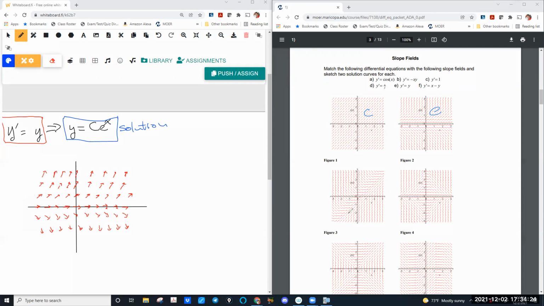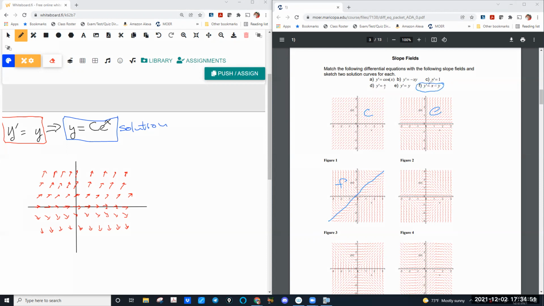What about figure 3? This is a little bit tougher one. What did you guys think on this one? I like it, guys. F. Perfect. Because notice what happens. Along the line y equals x, which would be that 45-degree line, we have all horizontal lines, which means we have a slope of 0 when y equals x.